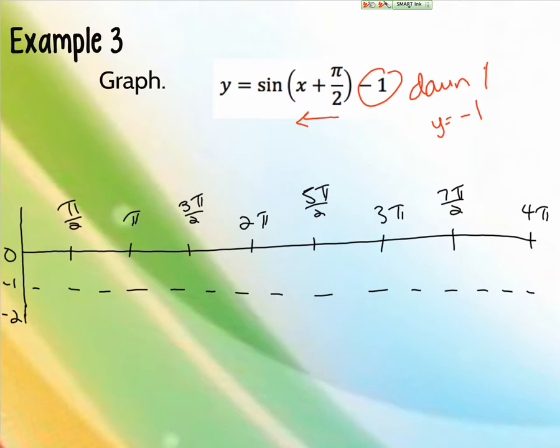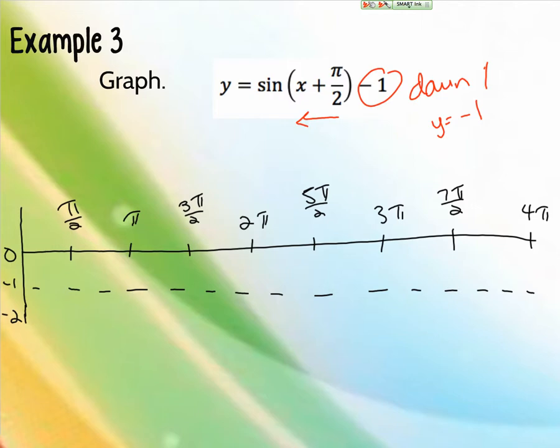So again, we know we start at our principal axis, we go up, and then we go back down the principal axis, except normally I start here, but I'm shifted over pi over 2. So I didn't go into the negatives. We'll start going to the negatives more, I think, when we talk about cosine.